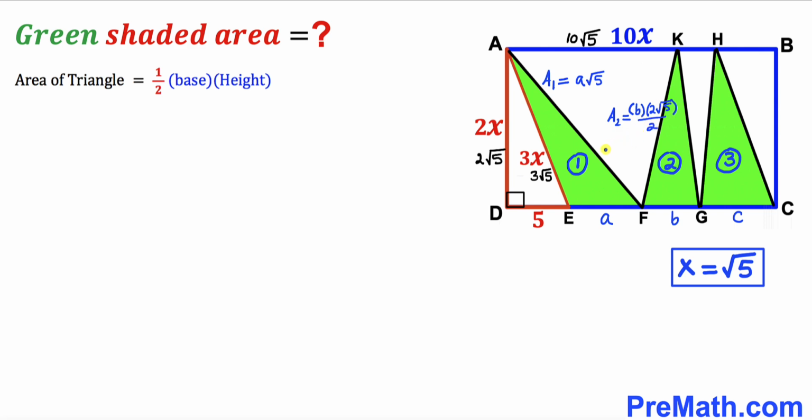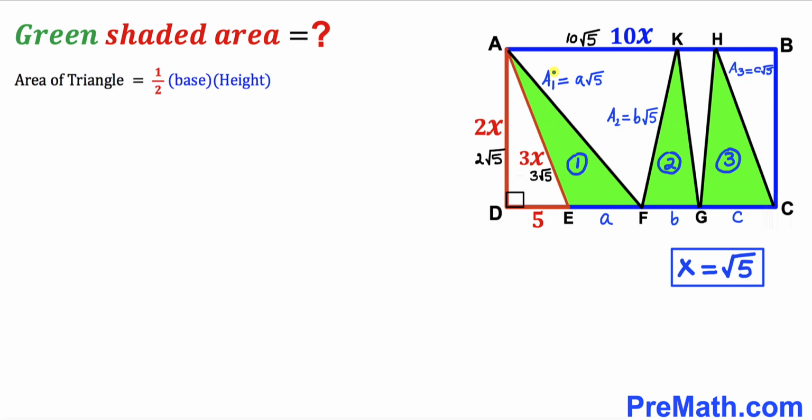If we simplify, a sub 2 turns out to be b times square root of 5. And finally, the area of triangle 3, which I'll label a sub 3, has base c. So that's a half times c times height 2 times square root of 5. If we simplify, a sub 3 equals c times square root of 5.